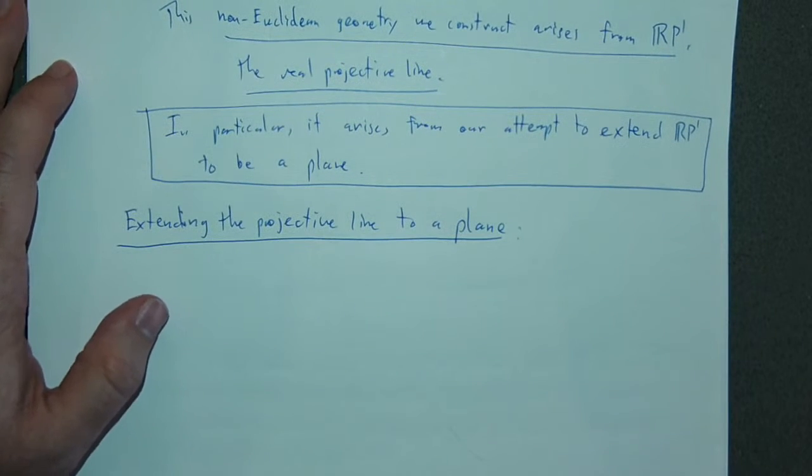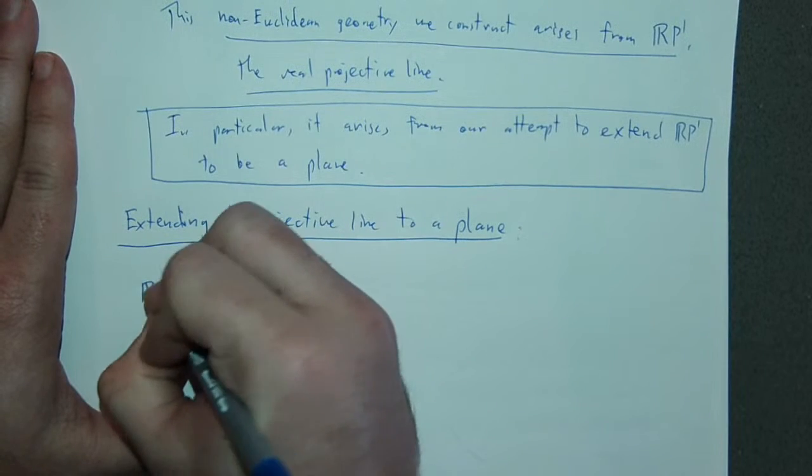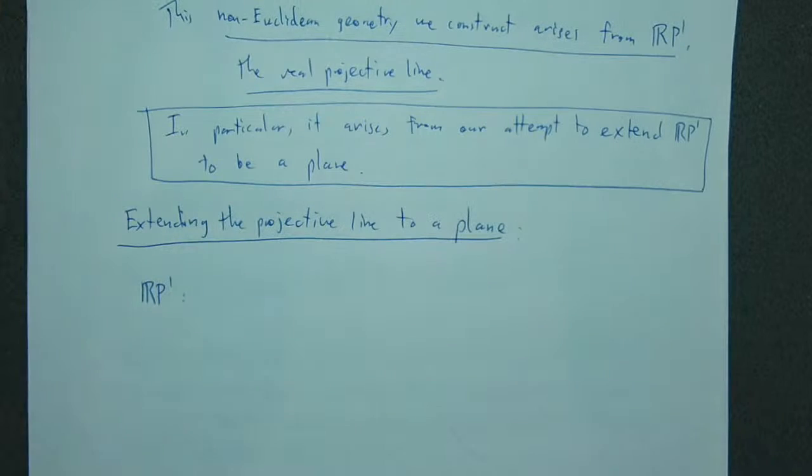The idea is when I had RP1, what were the quantities associated with RP1 that were important? Well, RP1 is a projective line, and as such, being this one-dimensional thing, it doesn't have a lot of room, right? When you're looking at a one-dimensional object, it's very hard to see what's going on because there's just not much room.